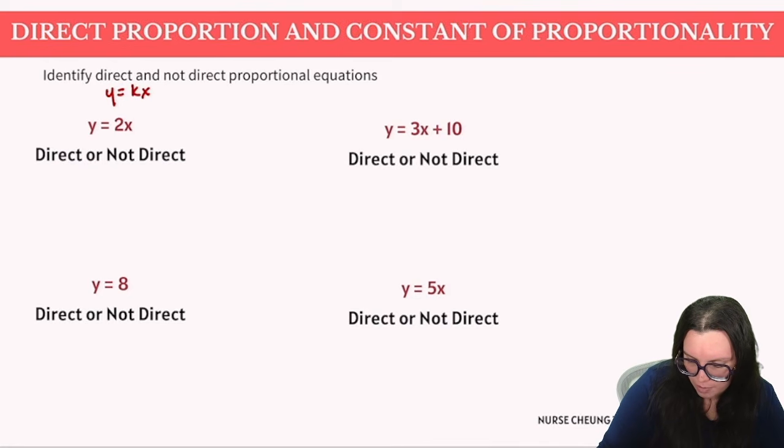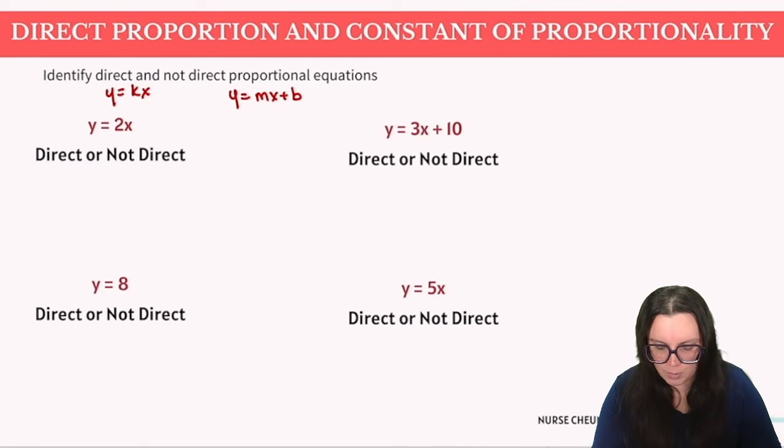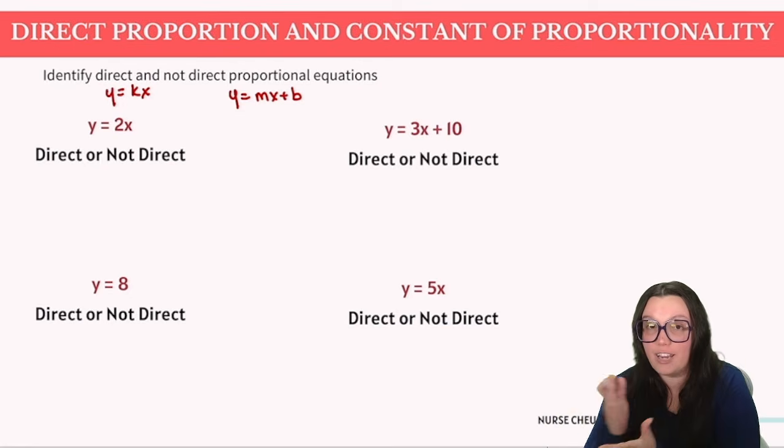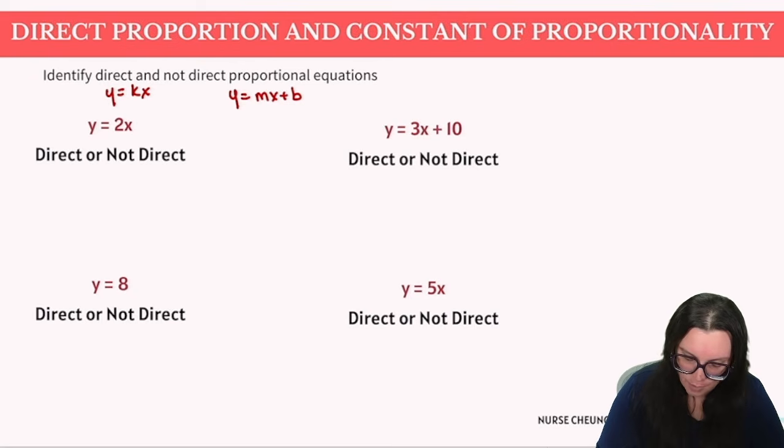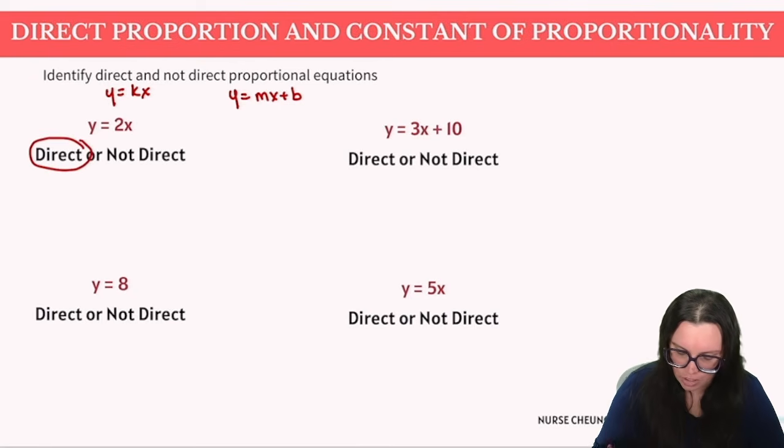And with our non-direct proportional relationships, we're going to have things like y is equal to mx plus b. So in this case, we have y is equal to 2x. As we increase our x, we're always going to have the same increase because of that 2 coefficient before our x. So this is an example of a direct relationship.